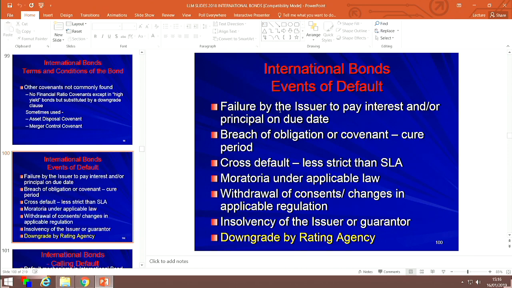And you know what that analysis is all about. Applicable law has got to be determined by reference to the governing law, and the governing law will decide what is applicable law, and therefore which moratoria are applicable and which aren't. And you know where that leads to, don't you?